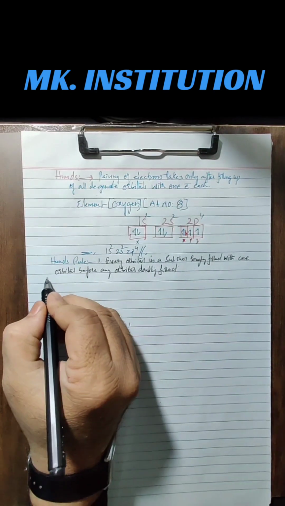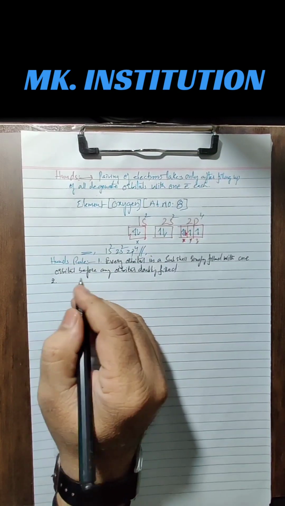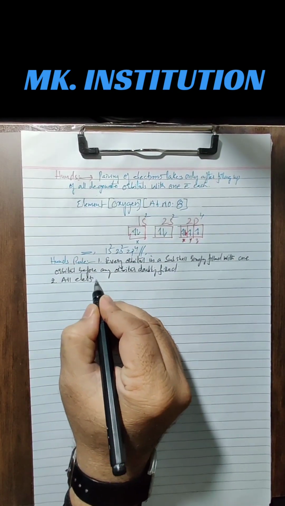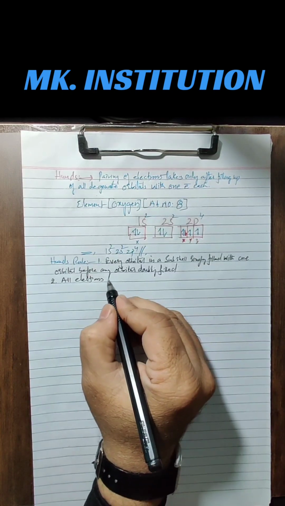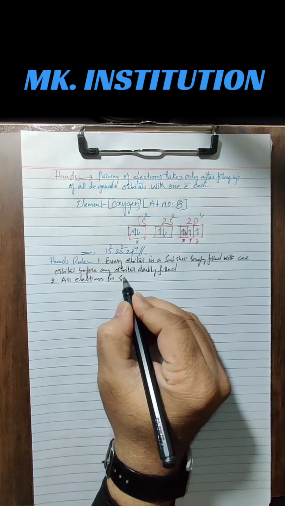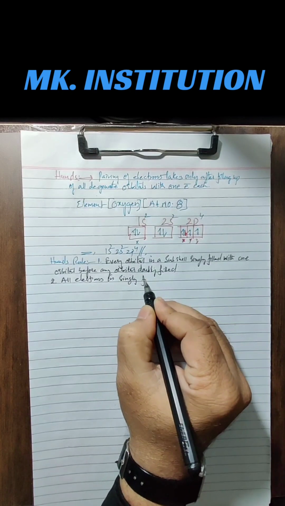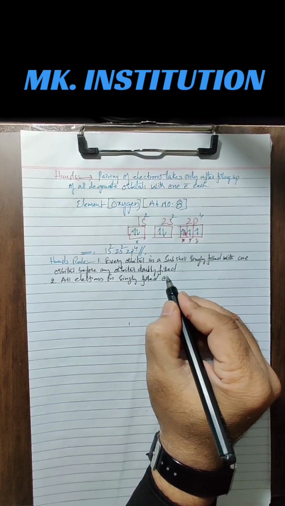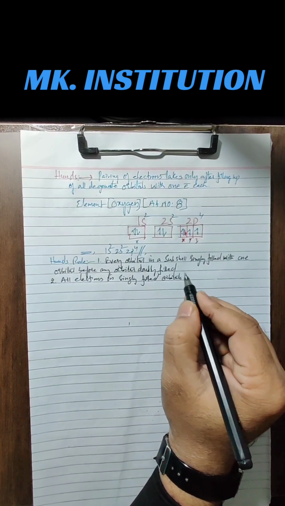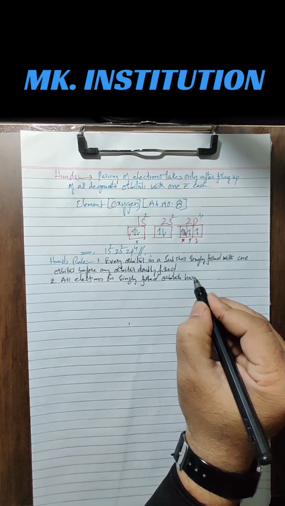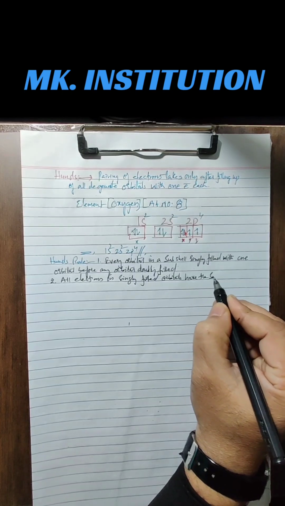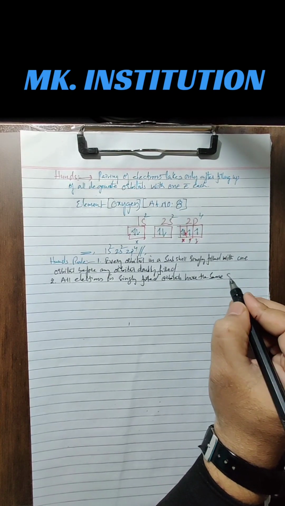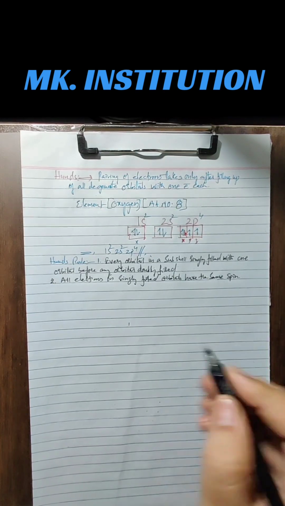Okay. Second point: all electrons in singly filled orbitals have the same spin. Clear?